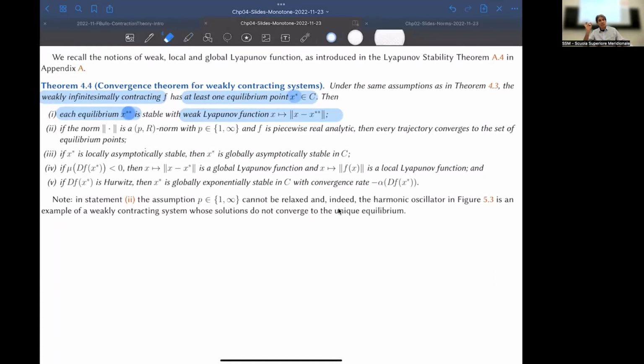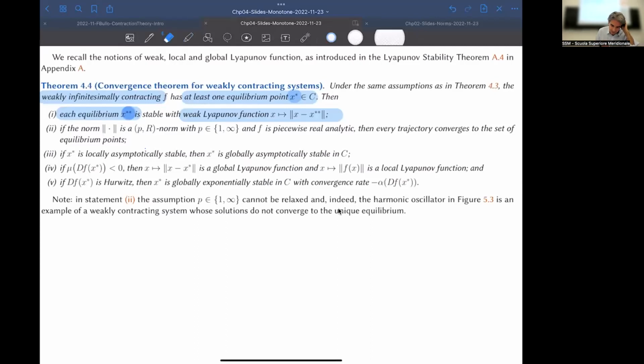Stable, as opposed to asymptotically stable, means that the distance to the equilibrium does not go to 0, but it doesn't grow either. Strictly speaking, Lyapunov stability is an epsilon-delta property. I'm not going to review it right now, but stable means you stay in the neighborhood, but you don't converge. Each equilibrium is like that. Interesting. And the Lyapunov function is the distance, the norm of the difference. Why? That's the contraction theory.